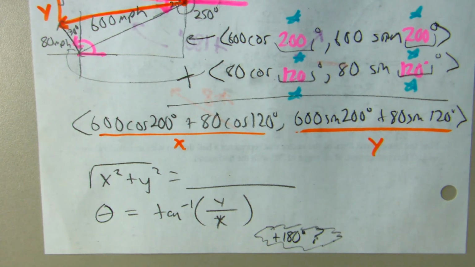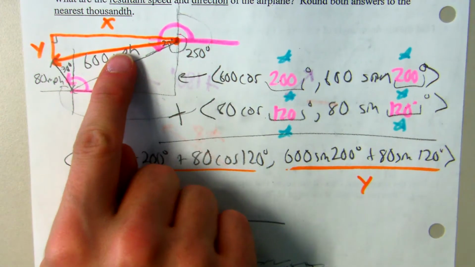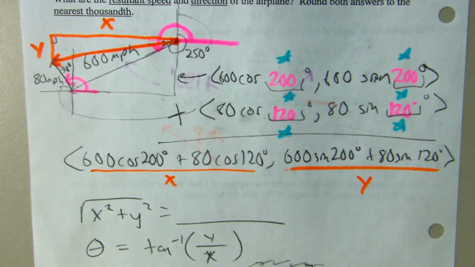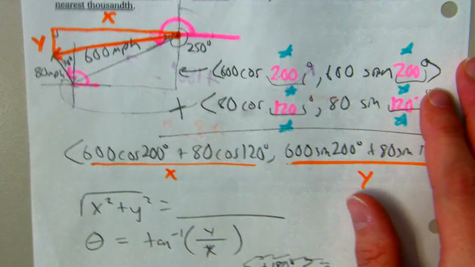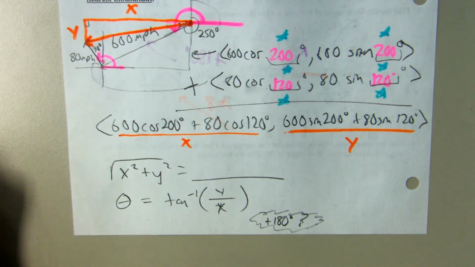So since the range of inverse tangent is quadrant 1 and 4, and this guy's going down in quadrant 3, I know I'm going to have to add 180. If you don't want to have to recall that stuff, you'll just see what we get when we type in the calculator. You should see if it doesn't make sense.